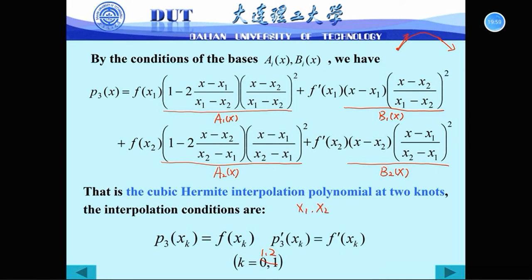This is the cubic Hermite interpolation for 4 conditions: 2 function values and 2 derivatives. Clear? Okay, this is the Hermite interpolation formula.